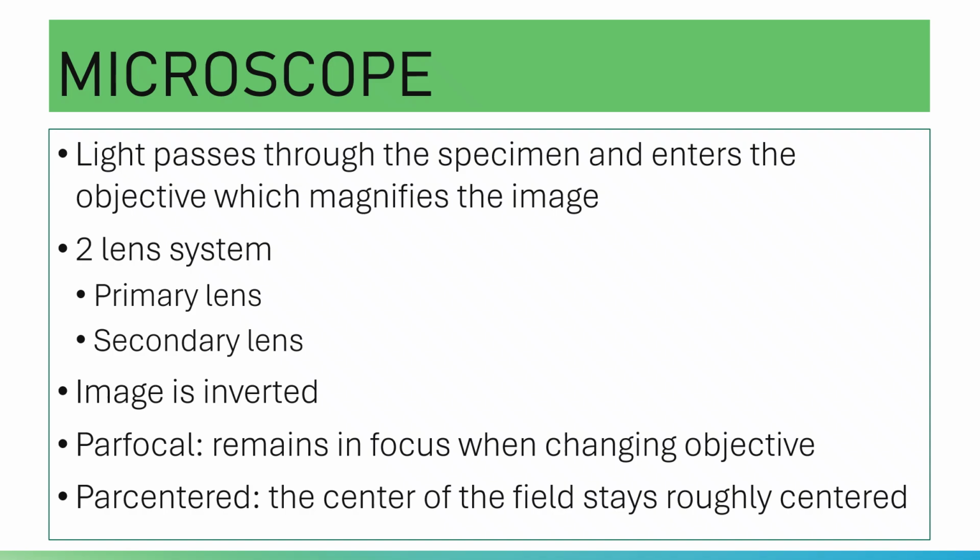The eyepiece further magnifies the intermediate image that is produced by the objective lenses, thereby producing a virtual image that is seen by the eyes. And please note that the image produced is inverted.